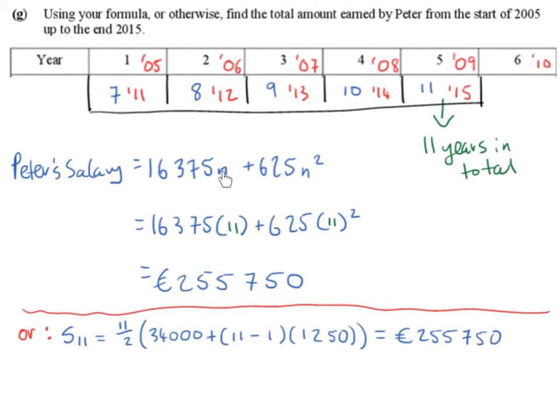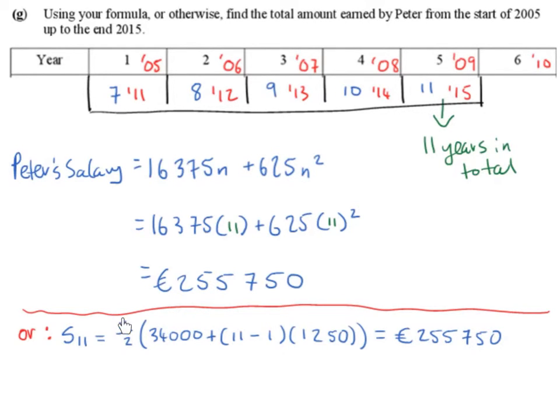So we swap the n for 11 with brackets around it. So we get 16,375 times 11 plus 625 times 11 squared gives us 255,750 euro. Now, alternatively, we could have substituted 11 into our formula from our formula book, our sum of series formula.